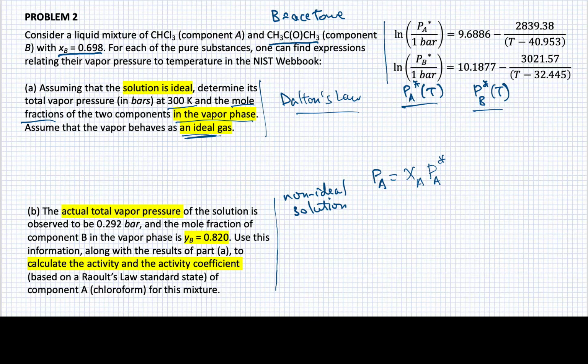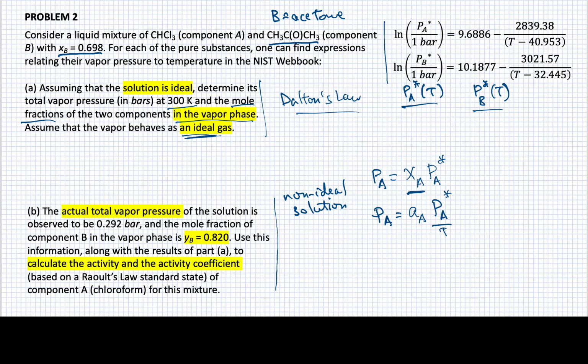When we don't have an ideal solution, we want something that looks like this as much as possible. So instead of having mole fraction here, we use the activity of that substance under these conditions. So in other words, the vapor pressure of this would be the activity times this pure vapor pressure.